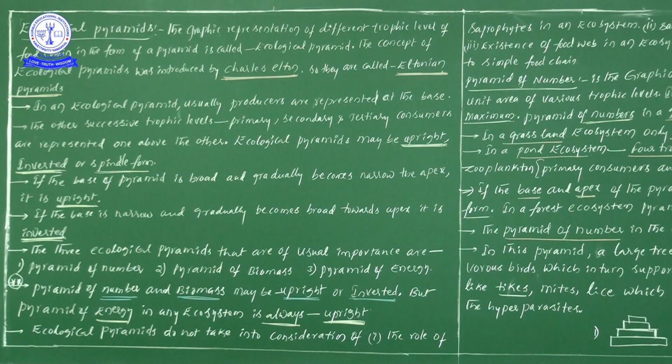Altogether, these four different trophic levels form a particular pyramid.